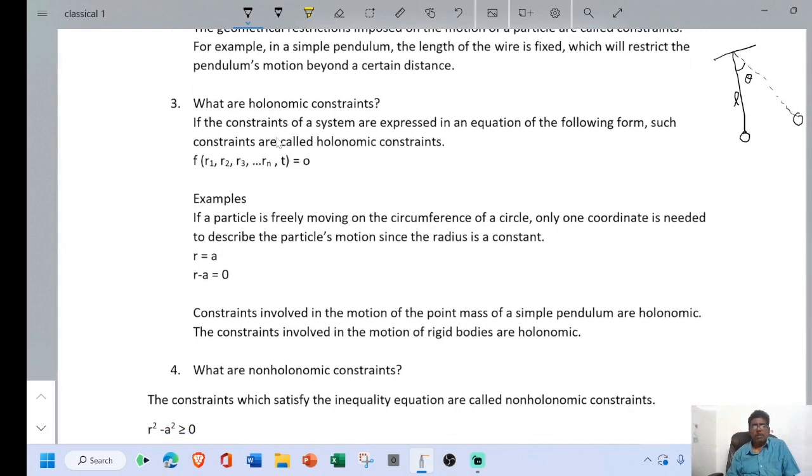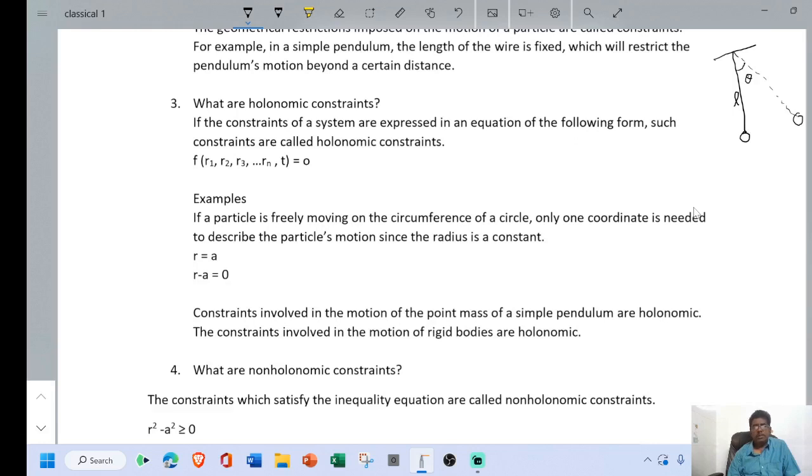Examples for holonomic constraints include: a particle is freely moving on a circumference of a circle. Only one coordinate is needed to describe the particle's motion since the radius is a constant. Suppose a particle is moving in a circular path, then the motion of the particle is described with the help of a single quantity. Say r is equal to a, that is r minus a equal to 0.